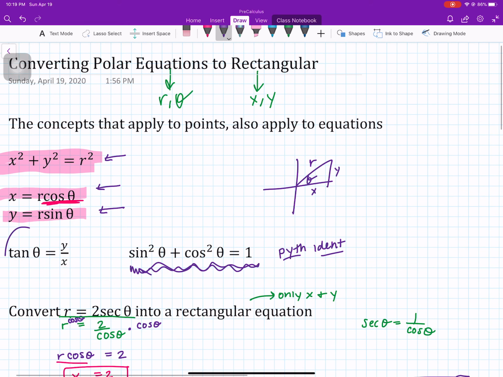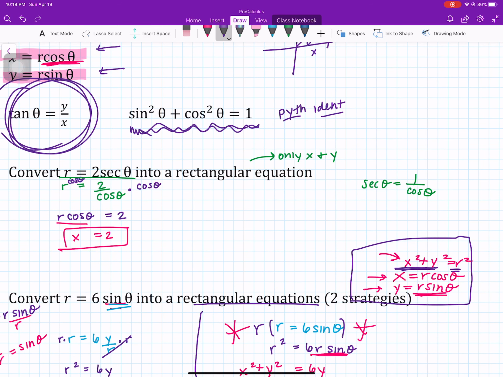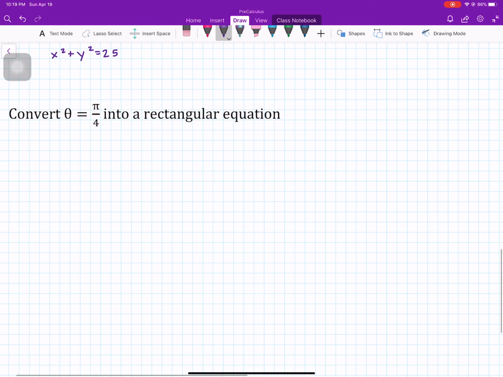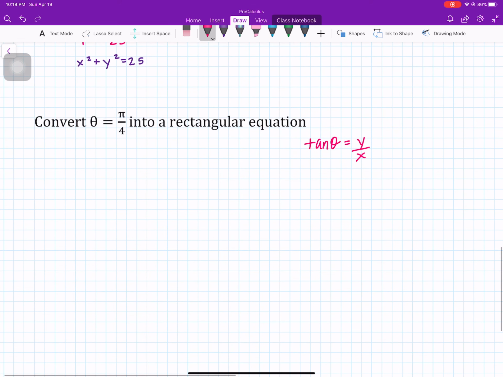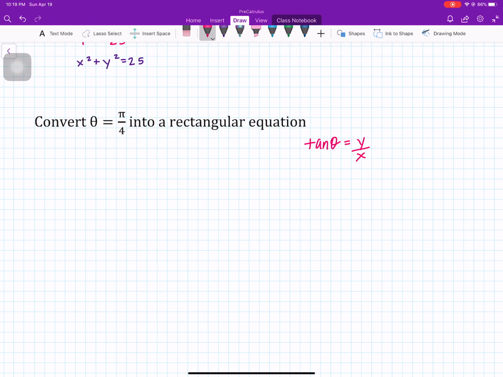So if we go very back to the beginning, I told you this. Tangent of theta equals y over x, which you notice a lot when you see it in a picture, but you don't necessarily think about it here. Whatever you do to one side of the equation, you have to do to the other.